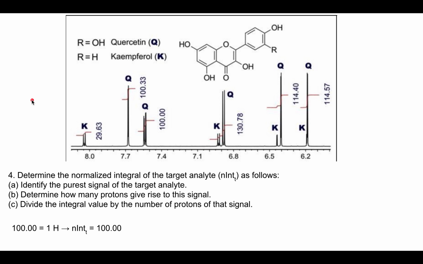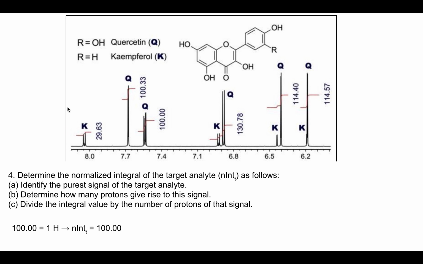Step 4, determine the normalized integral of the target analyte, int sub t, as follows. So there are 3 steps to determine our normalized integral. Step A says to identify the purest signal of the target analyte. Now this is arbitrary and it's up to you to decide what is the purest signal in your proton NMR spectrum.